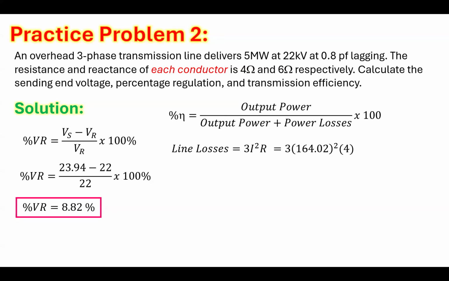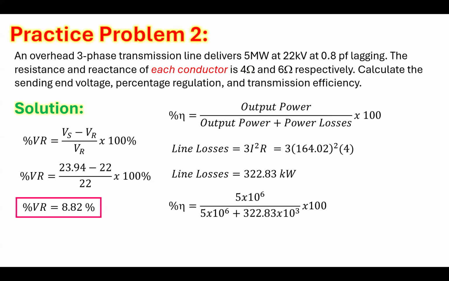So that will give us 3 multiplied by the square of 164.02 multiplied by 4. The line losses will be 322.83 kilowatts. Then substitute to our equation for the transmission efficiency. The value of our transmission efficiency will be 93.93%.